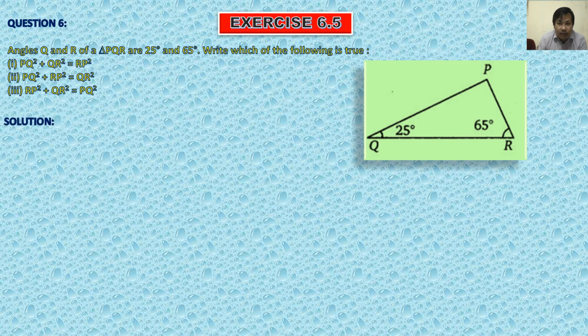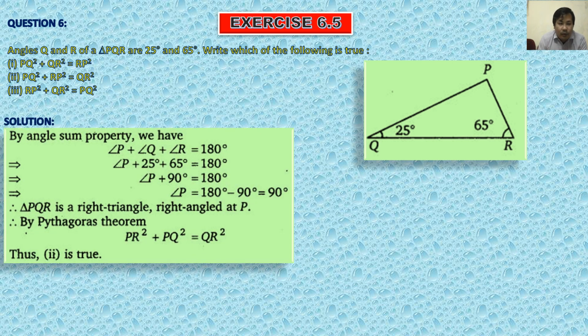Now in the solution we have it like this. By the angle sum property, we have angle P plus angle Q plus angle R is equal to 180 degree. Yes, angle sum property, we have studied that the sum of three angles is 180 degree, isn't it?